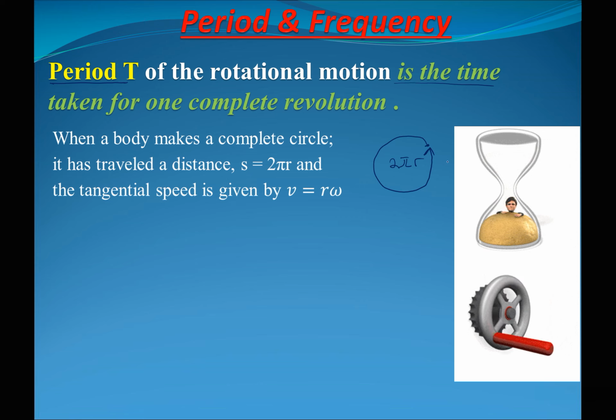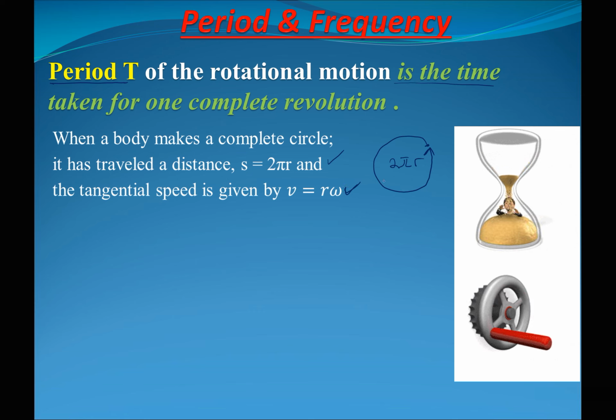Remember the speed. We have already now seen that the linear speed is equal to r times omega. That is the relationship between the linear velocity and the angular velocity. So this is the distance and this is the speed.